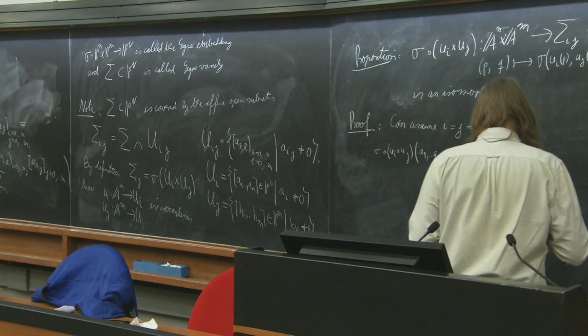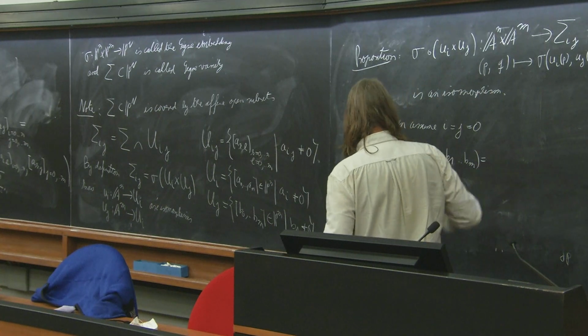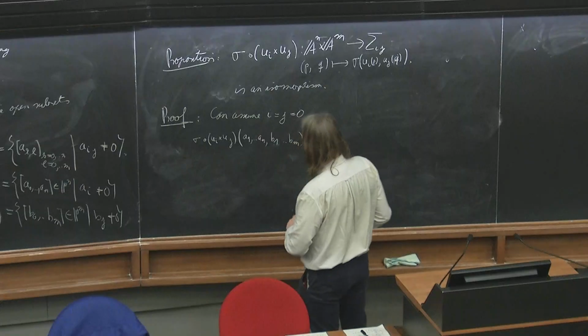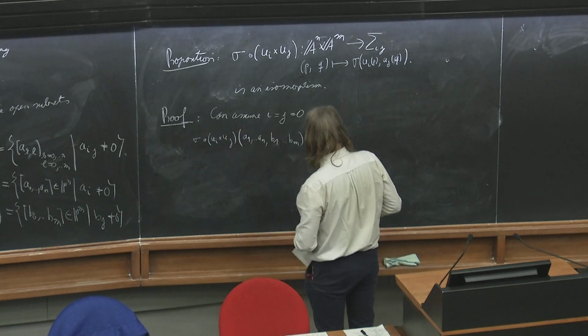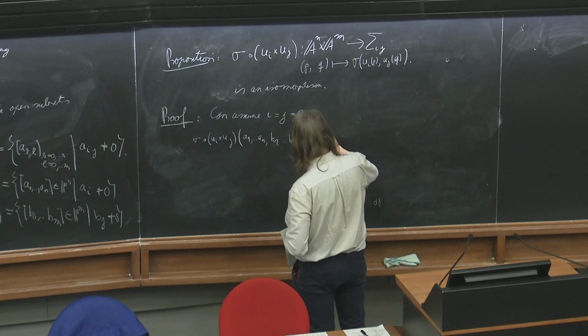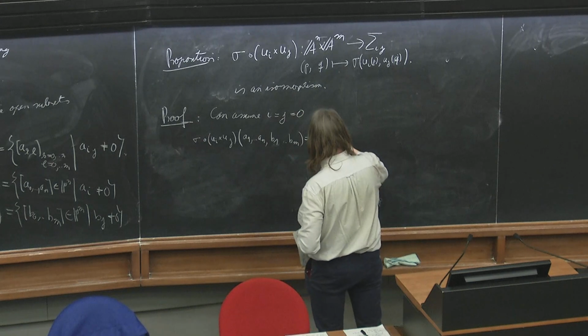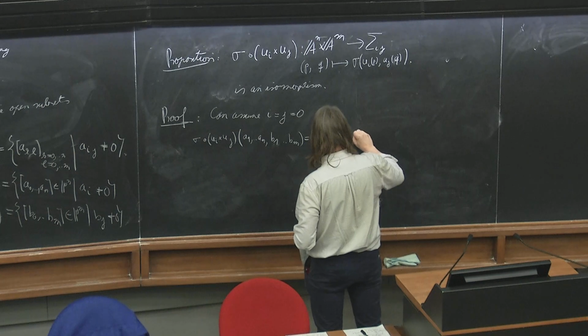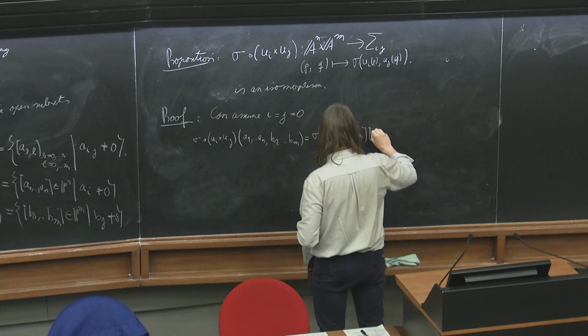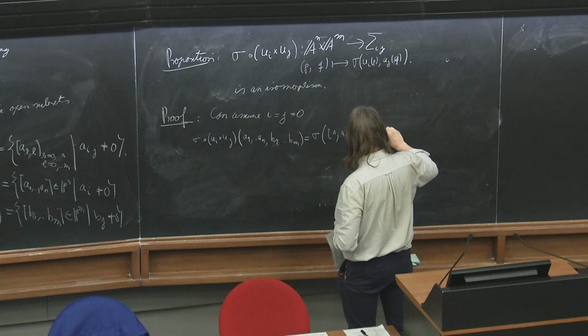What is it? First, we apply u_i, which adds a 1 in the 0th position, and similarly here. So this is the point in projective space, sigma applied to (1, a1 to an), (1, b1 to bm).